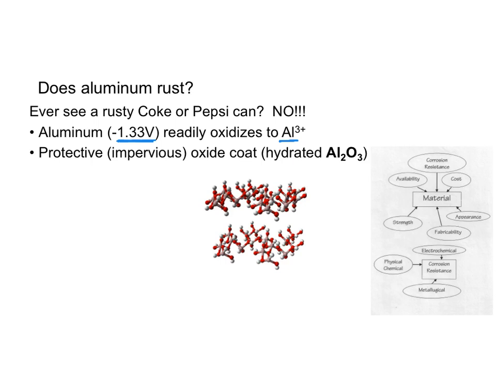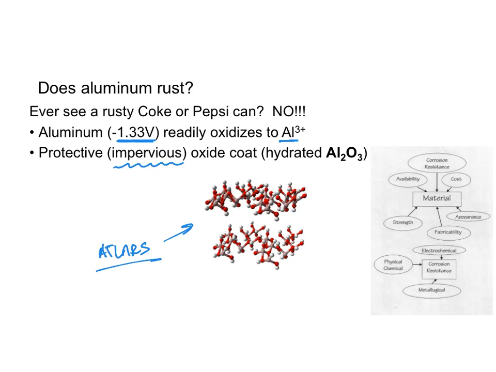But unlike rust, which does not form an impervious coating, aluminum forms this impervious oxide coating, Al2O3, and what it looks like under a microscope are antlers, the kind of antlers you would see on a deer. And that makes a tortuous path for anything trying to attack the aluminum surface.